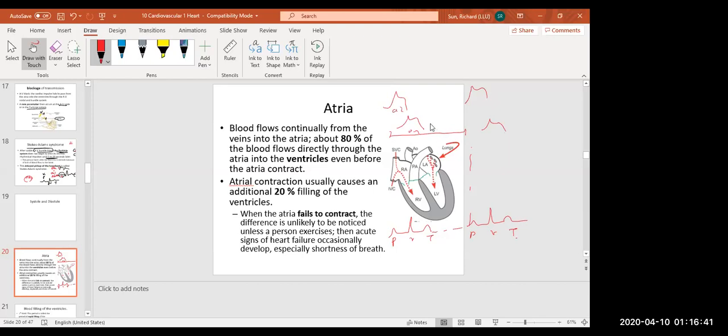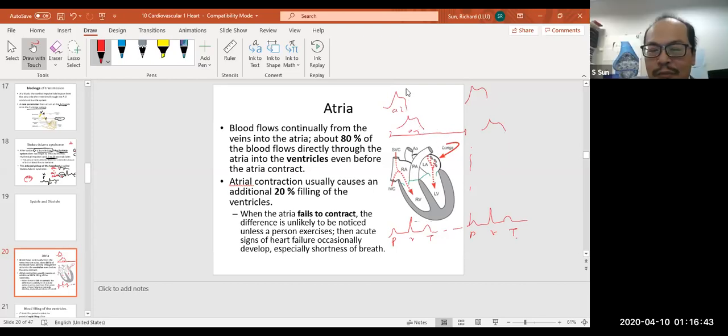Okay. And so this will be before any contraction, during this period of time. This one will be about, say, 0.4 seconds. During this period of time, there is no muscle contraction because there's no action potential in both the atrium and the ventricle.